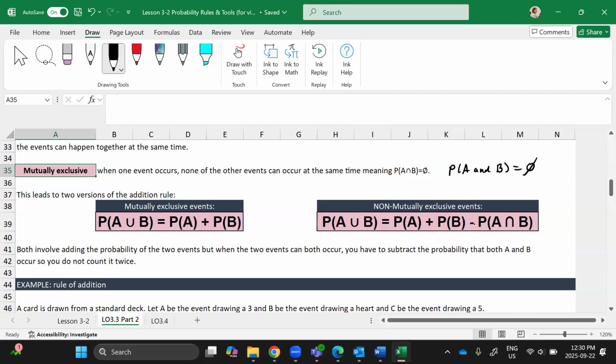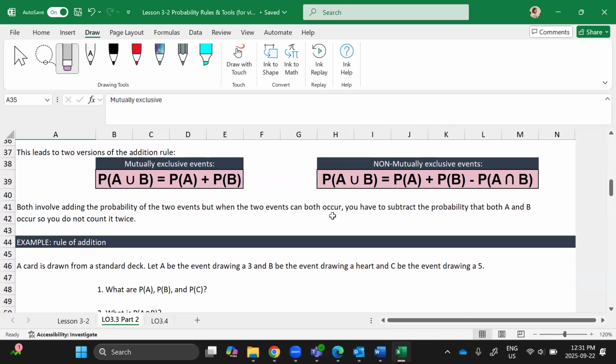The reason that you have to subtract the and probability is because otherwise you would count it twice. If they can occur at the same time, you would count when they both happen within A, you count when it happened within B. And you don't want to count the probability twice or it won't add to 100%. So how we solve that is we subtract where they both happen. So we only count it one time, not twice.